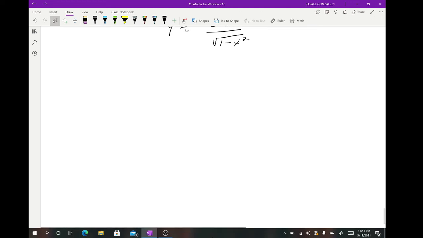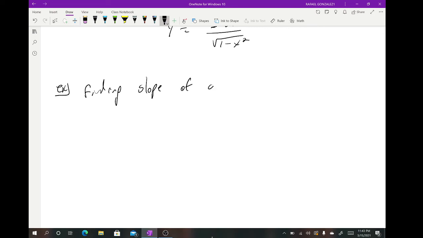Let's do another example. So let's find the slope of a graph implicitly. Let's say somebody gives you x squared plus 4y squared equals 4.